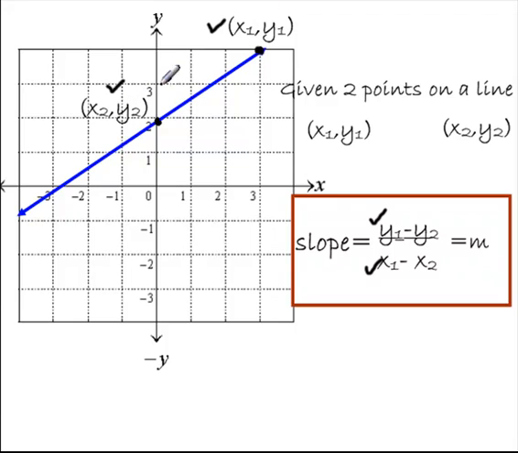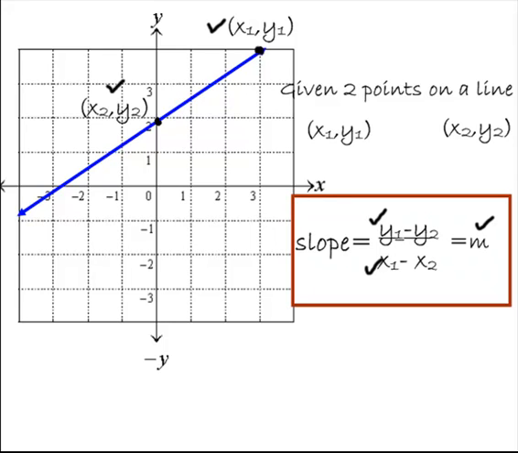If I have those 2 points, by the way, you don't have to have this picture. You can just simply have the coordinates of 2 points that you know lie on a line. So given those 2 points, x1, y1 and x2, y2, we define the slope to be y1 minus y2 divided by x1 minus x2. And we usually use the letter m when we talk about slope.